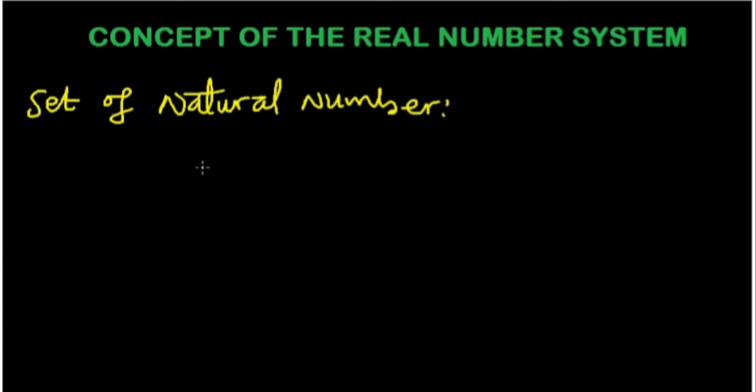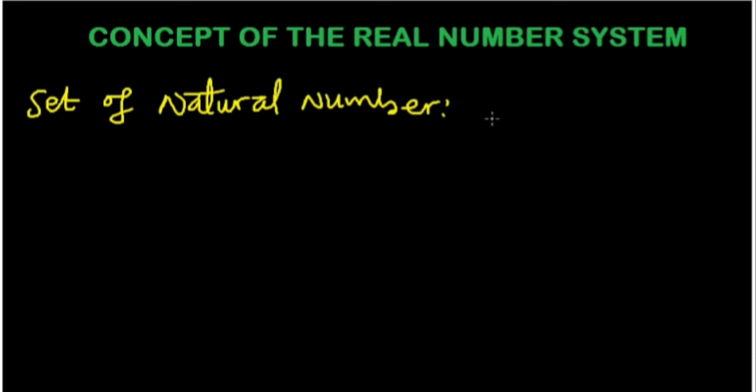These are sets of non-zero positive integers. I'll tell you the meaning of integer. But they are non-zero, which means that for natural numbers, zero is not included. They are non-zero and they are positive. There's no minus when you talk about natural numbers. We can also call them counting numbers.